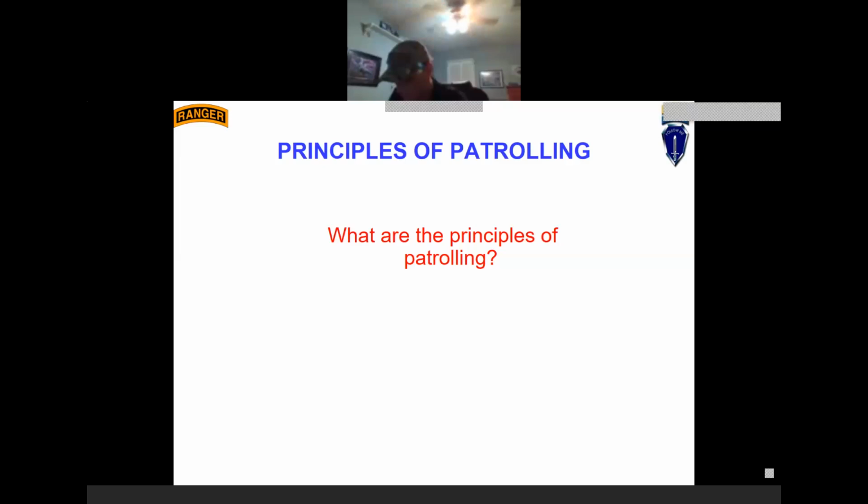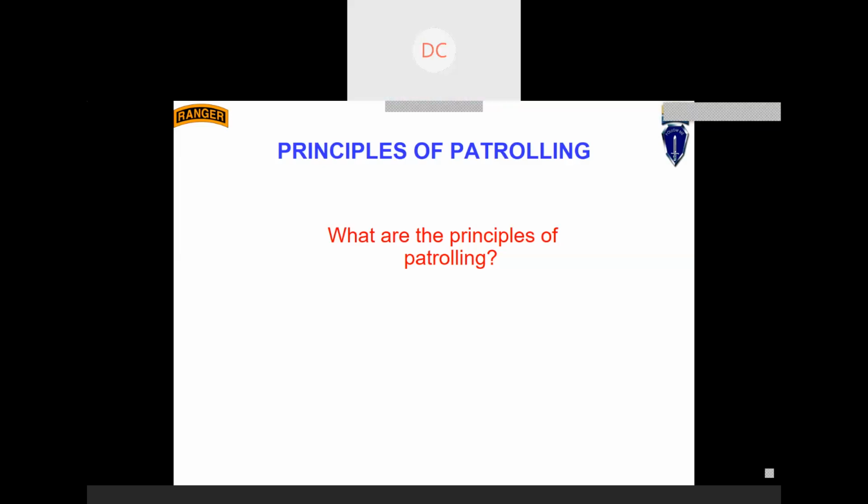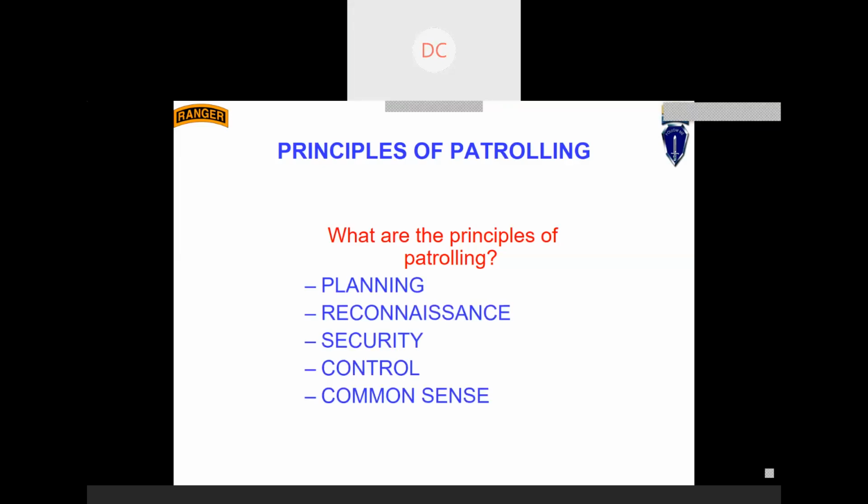Planning. Okay. Control. And the major one, planning, right? Which of the 5 principles do you use when doing a patrol? All of them, right? Okay. Where's your principles of patrolling? Right there.